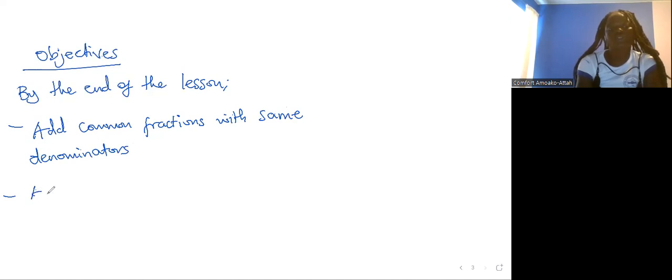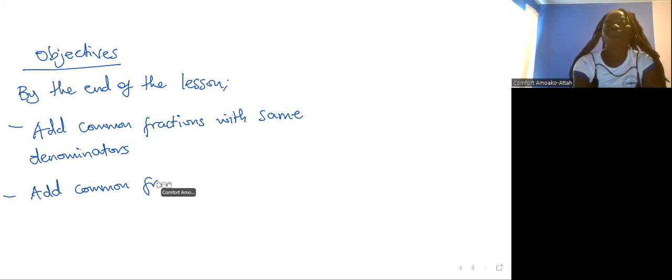Then you should also be able to add common fractions with different denominators.